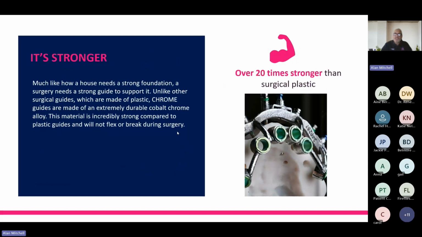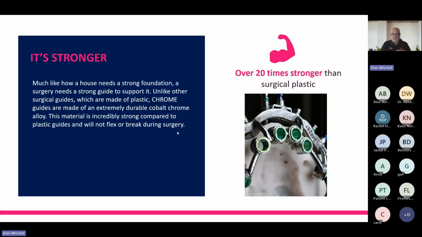It's stronger. You'll see a lot of the other guides out there on the market, and as you well know, people will shop around for treatments, and they will have a look at other offerings. One of the things we can talk about here is our guides, which are unique to us.